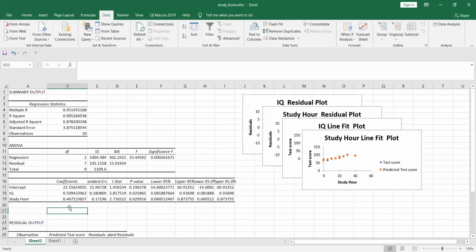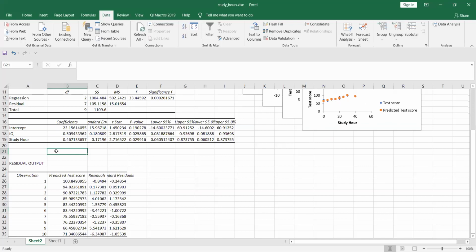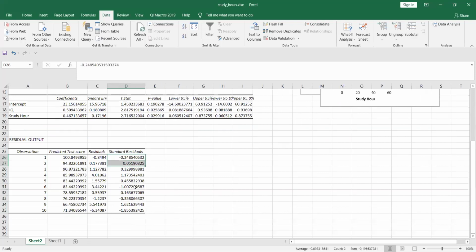So your equation would be this, and based on that you will calculate the predicted test score. With this equation, this is the predicted test score. This is the residual, the difference between observed and predicted, and this is the standard residual, which is the deviation from the error.